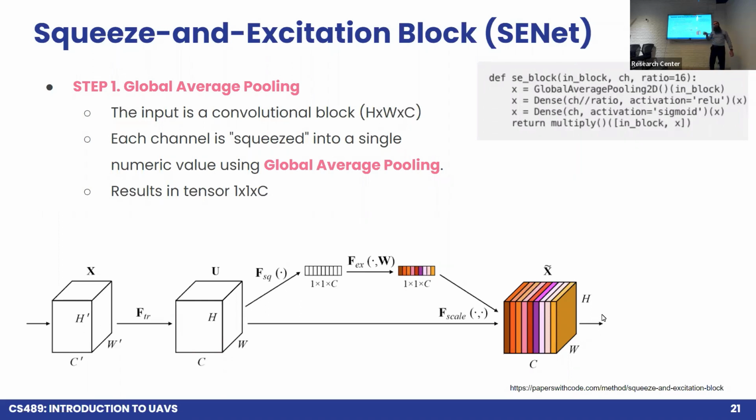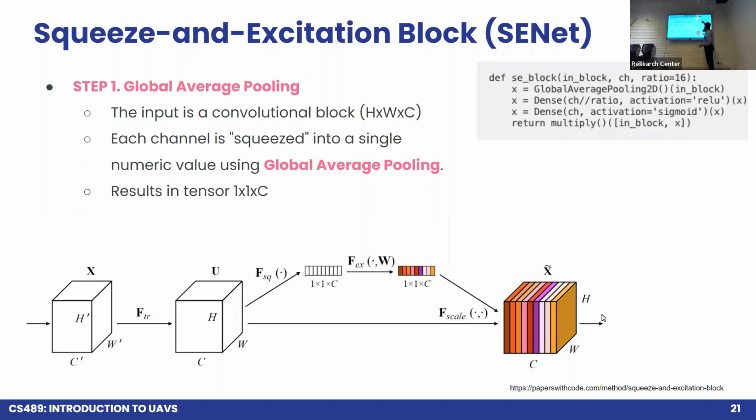And here the rule is that the first dense layer after any pooling is going to have dimensionality reduction. So if you have the number of channels, you divide it by a certain ratio. This ratio is sometimes calculated empirically, to see which ratio provides the best performance for you. I'm going to show you some of the results based on this.